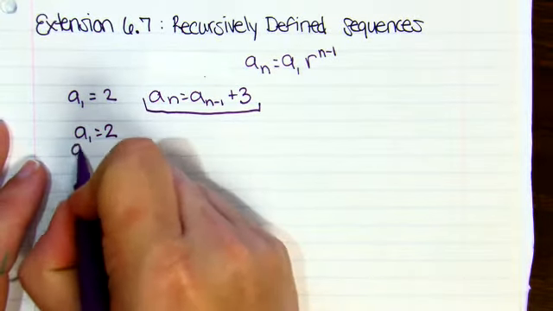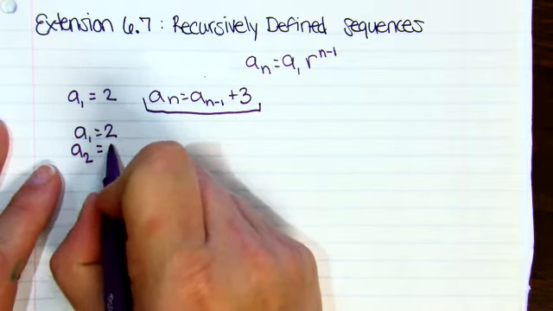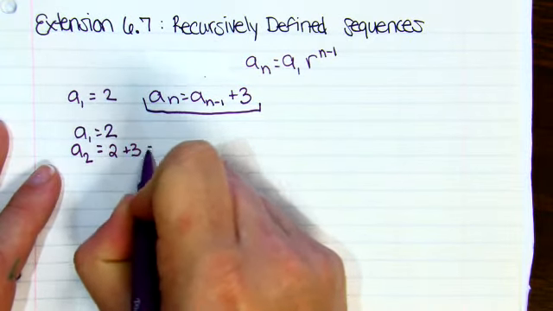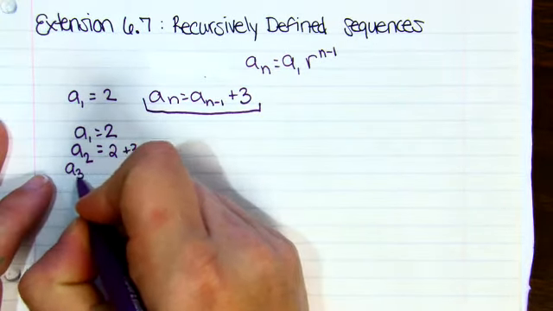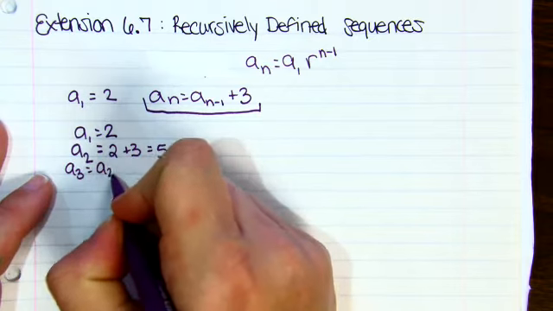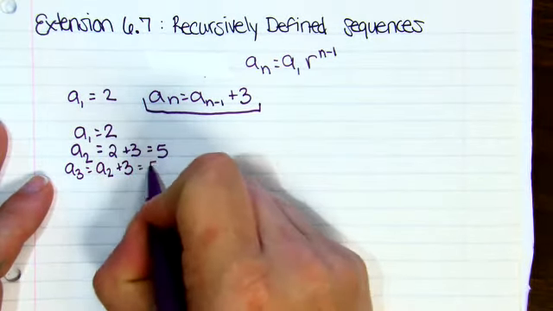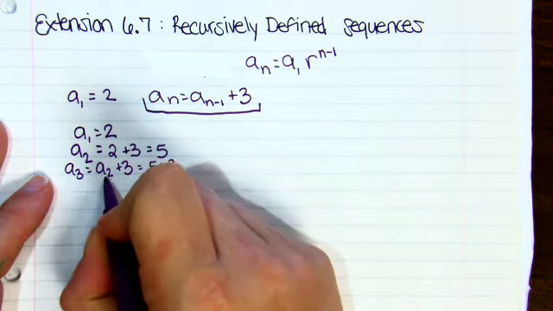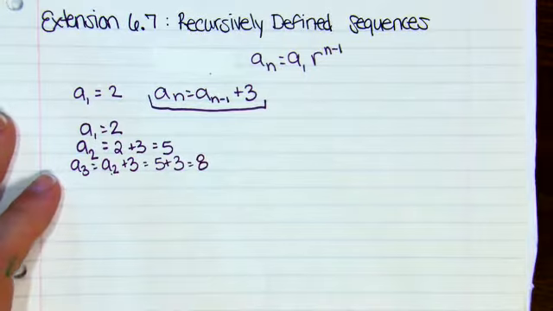To find my second term, I take term 1, which is 2, and I add 3. So I get 5. To find my third term, I take my second term, 5, and add 3, so my third term is 8.